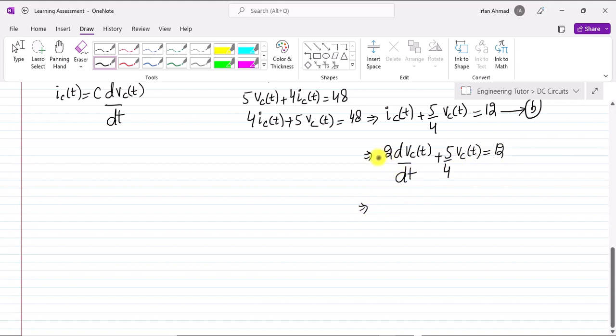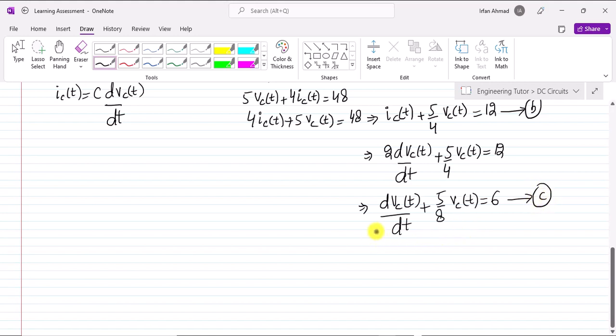Dividing both sides by 2, I will get dVc(t) divided by dt plus 5 by 8 Vc(t) equal to 6, and let me call it equation C.